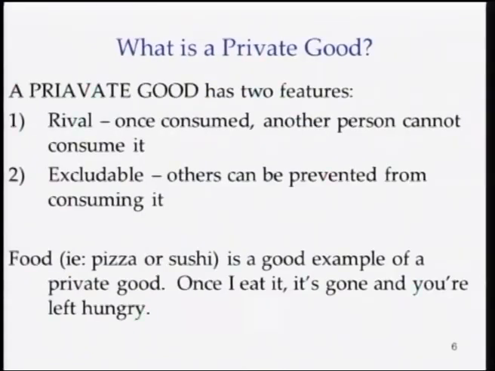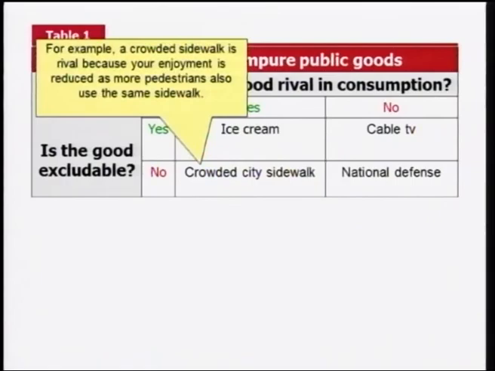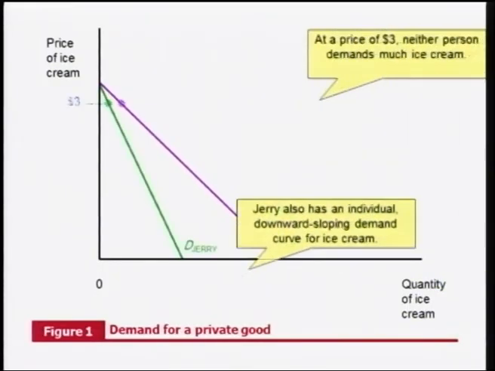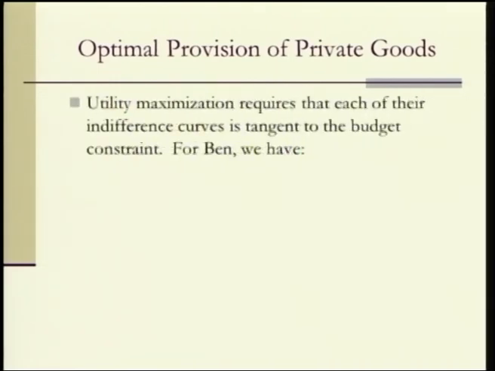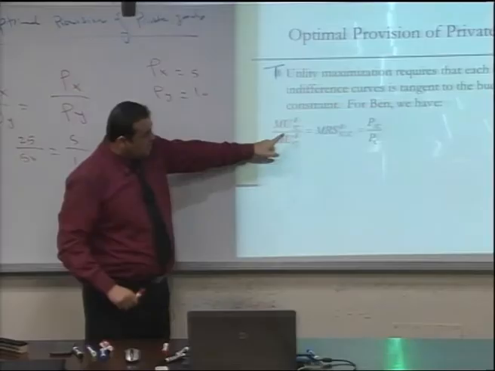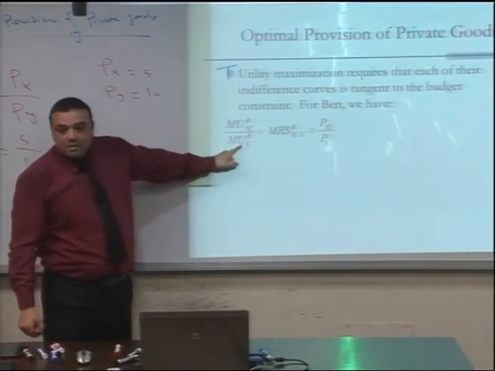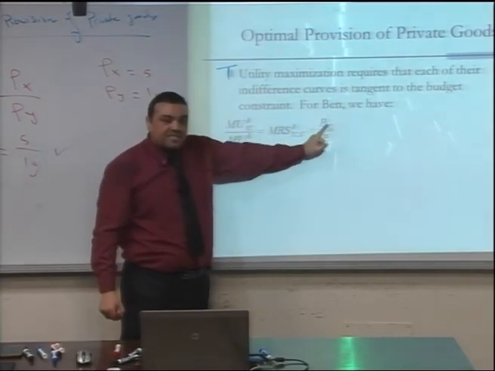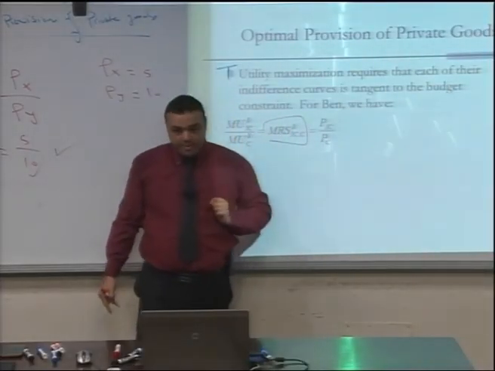If you notice in the presentation, in the slides, the condition here: the marginal utility of ice cream X for Bin over the marginal utility of cookies for Bin equals the price of X over the price of Y. This is the marginal rate of substitution of X compared to Y for Bin.